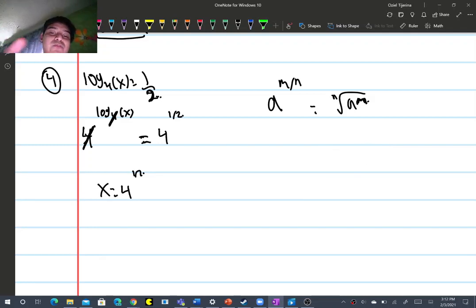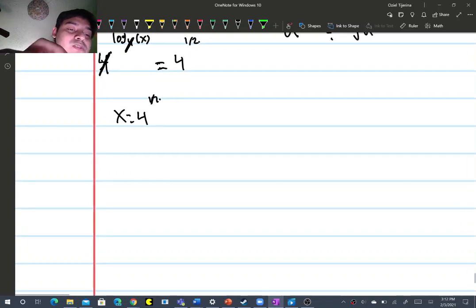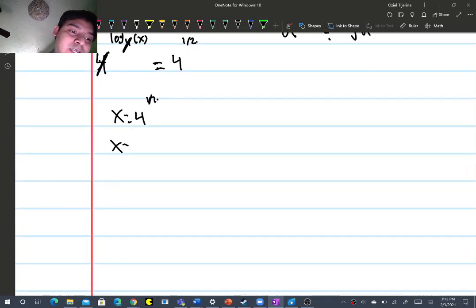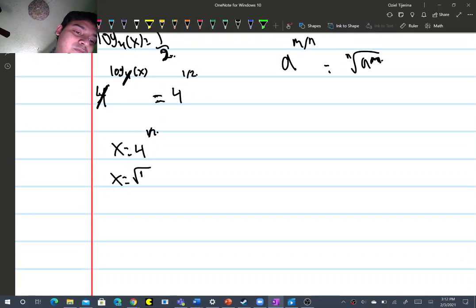It's an nth root property. So this one is just saying that x is equal to 4 to the 1/2. So x is basically the square root of 4.